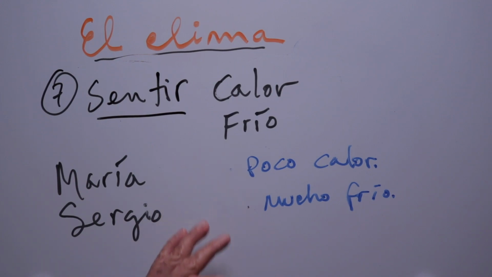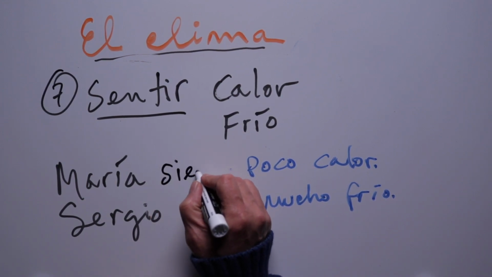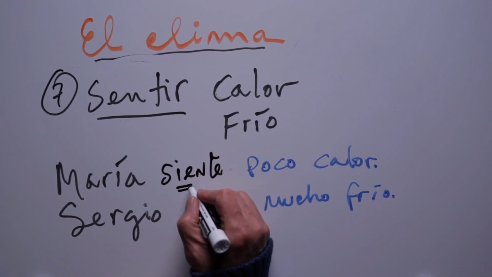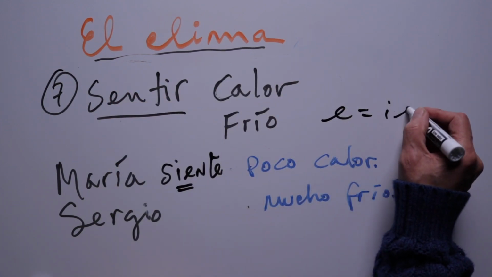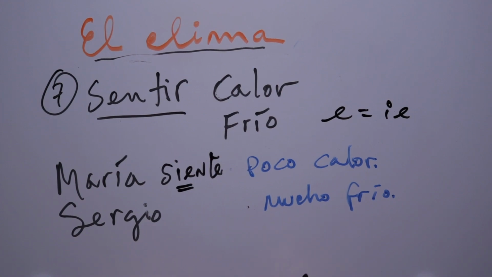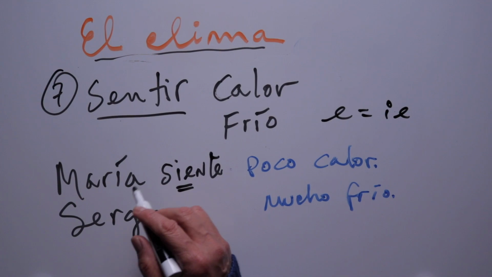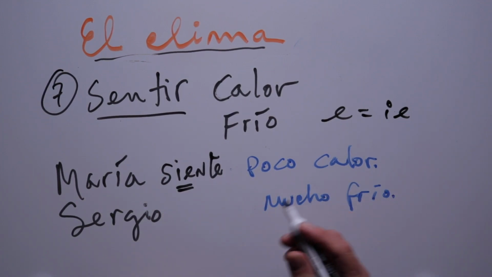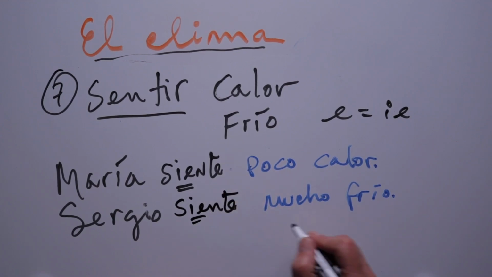And I will erase just here, I will use the same examples. Sentir is María siente. It's another stem-changing verb. See that the change into ie, exactly like nevar, the same type of change. So sentir is a stem-changing verb. María siente poco calor. Sergio siente mucho frío.